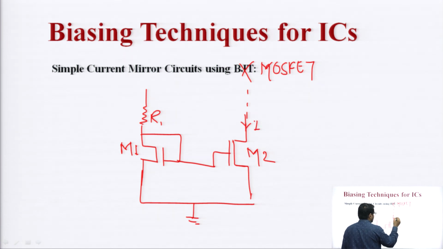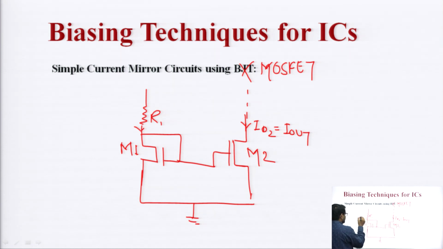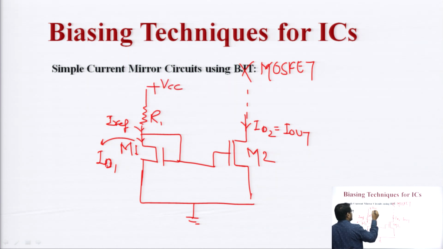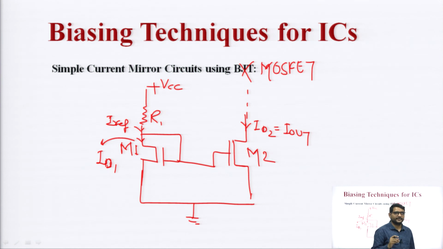Here is the drain current ID2, I out, and here also I reference, drain current ID1, and this one is the plus VCC. And for a MOSFET, we know that the input impedance is very high.